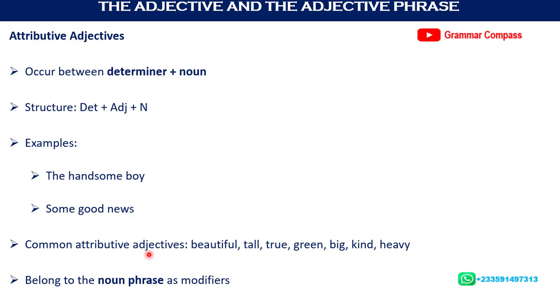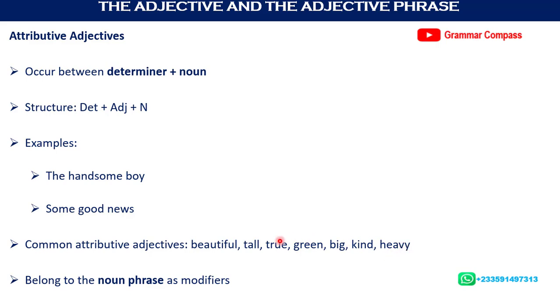Now, these are the common attributive adjectives. Beautiful can occur before the noun head. Tall also normally occur before the noun head. True, green, big, kind, heavy, they are all attributive adjectives that can occur before the noun head.